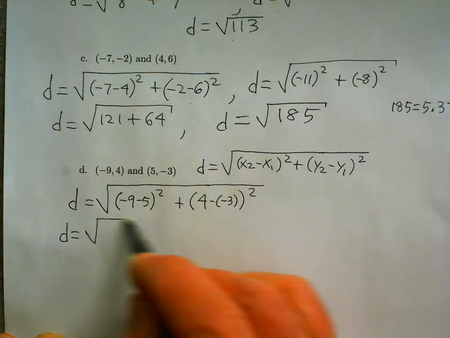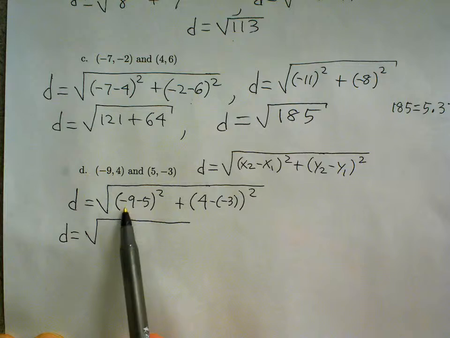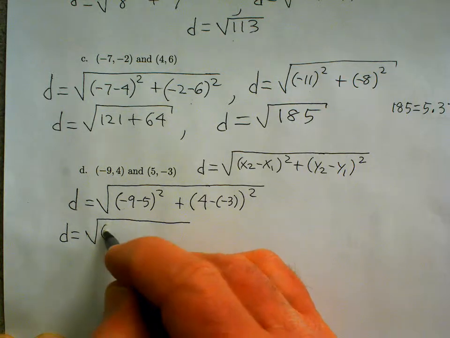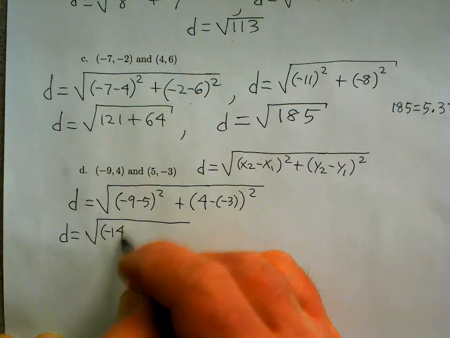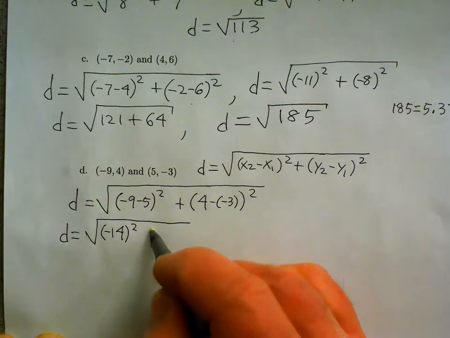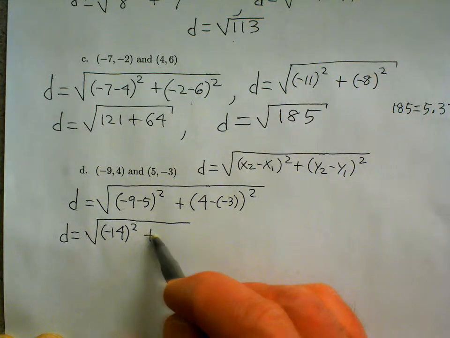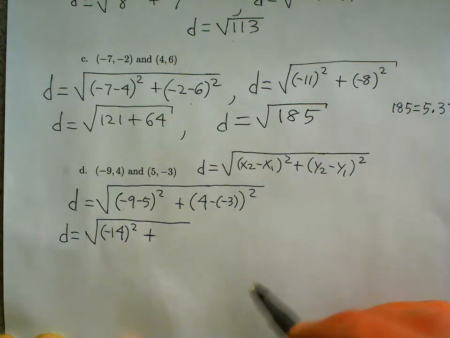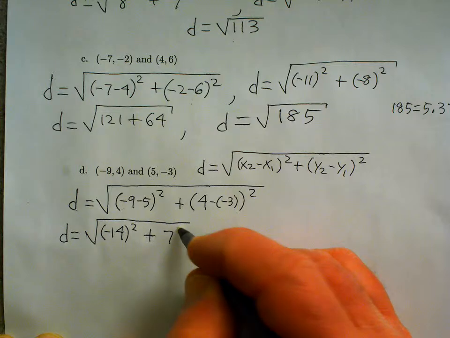So inside the square root, the number negative 9 minus 5 is negative 14. So we have the number negative 14 squared, which we add to the other number. 4 minus negative 3 is the same as 4 plus 3, or 7. So we get 7 squared.